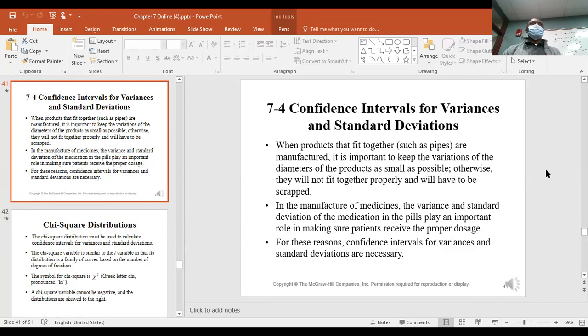Now we are going to look at another type of estimation, estimating the population variance. We have observed here that sometimes the population variance is unknown. So we want to look at how to estimate the population variance.